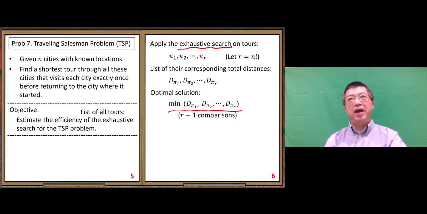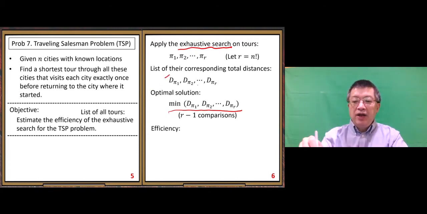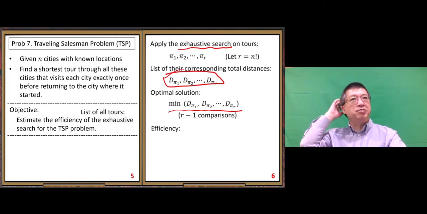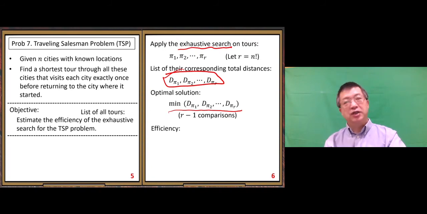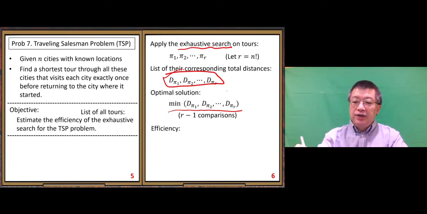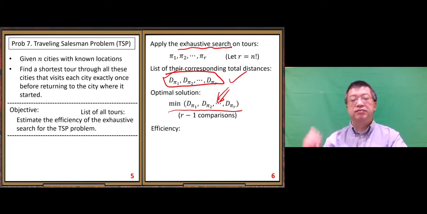We did that before. Now, at the end, efficiency. In order to calculate all these numbers is very expensive. That's the dominant term. Finding a minimum is less expensive than calculating all the distances.